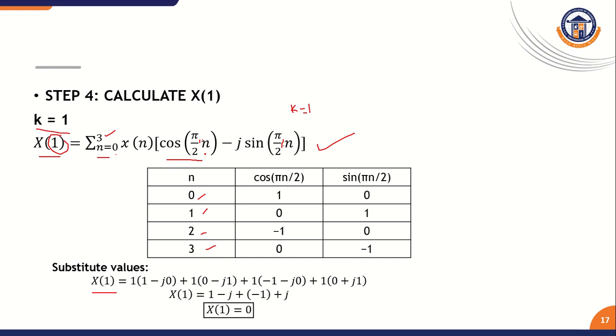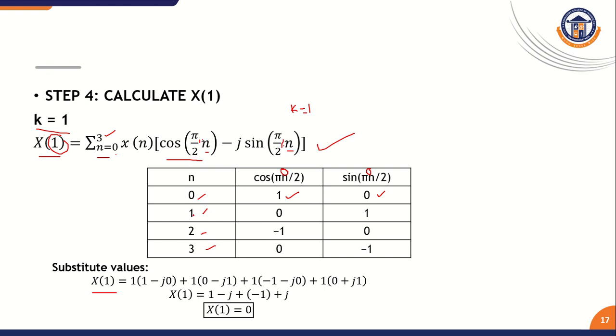In both terms we have to substitute n value, that is cos pi n by 2, sin pi n by 2. When n equal to 0, cos 0 value equal to 1, sin 0 value equal to 0.